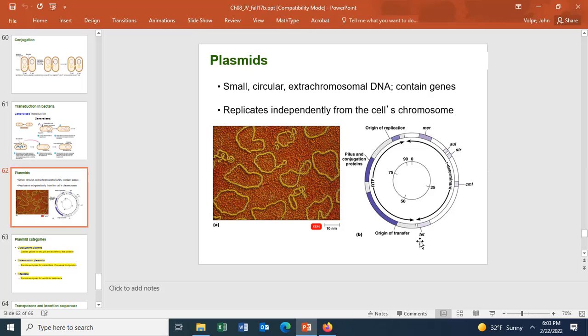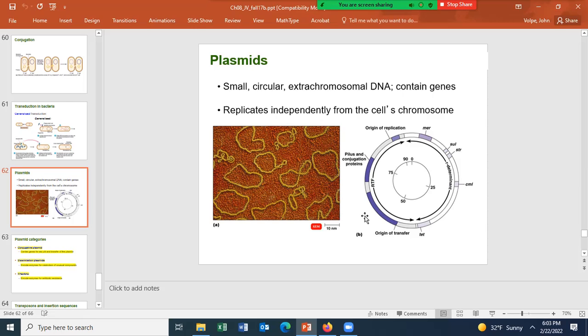Why plasmids are important is that because they replicate independently of the cell's chromosome, the plasmid can have more than one copy in the cell. And then when two cells come together, like in conjugation, the plasmid can move from one cell into the other.